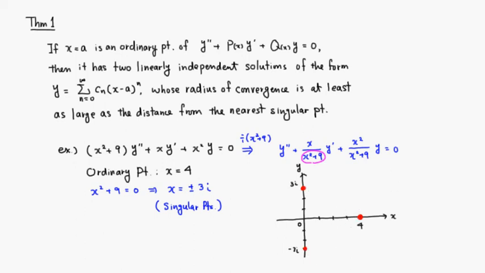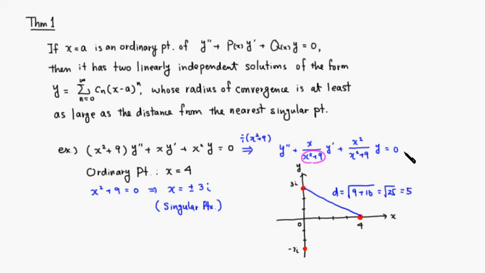The distance between these two and these two are the same, so I'll just find the distance between this singular point and this ordinary point x equals 4. This distance is simply the Pythagorean theorem, the square root of 3 squared plus 4 squared. So 3 squared is 9, 4 squared is 16, so it's the square root of 25, which is equal to 5.